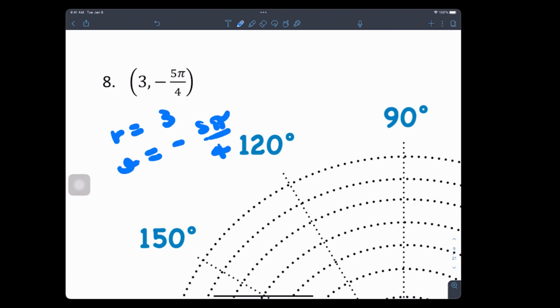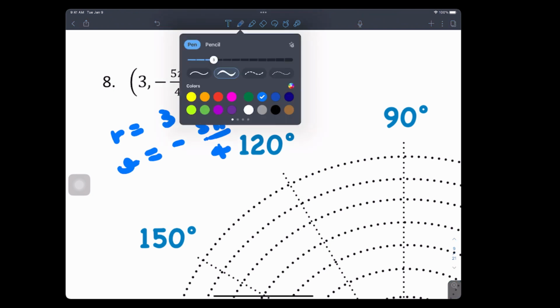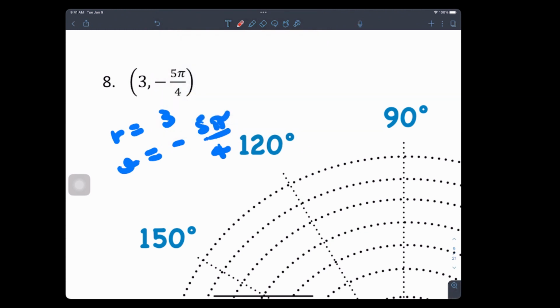What is 5 pi over 4 anyway? Isn't that 45 degrees? What's 5 times 45? It's negative 225. Is that okay? You guys okay with that?